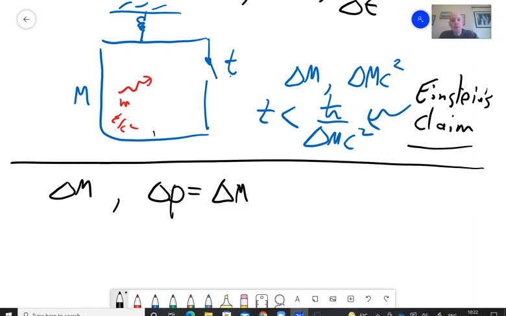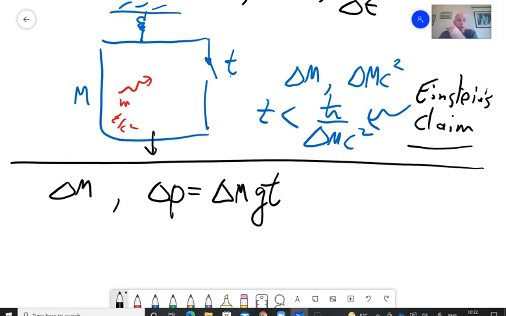Now, what is the vertical velocity of the box? Well, it is g, the Earth acceleration, times t, right? Because it moves.